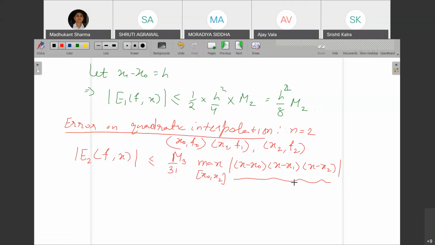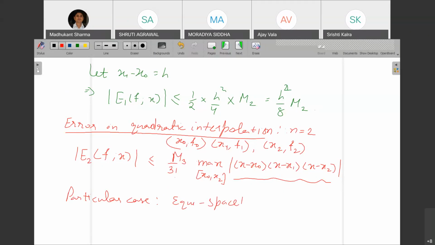Now we are going to talk about a particular case, when you have equispaced data. We want to see how the situation becomes much simpler if you have equispaced data.